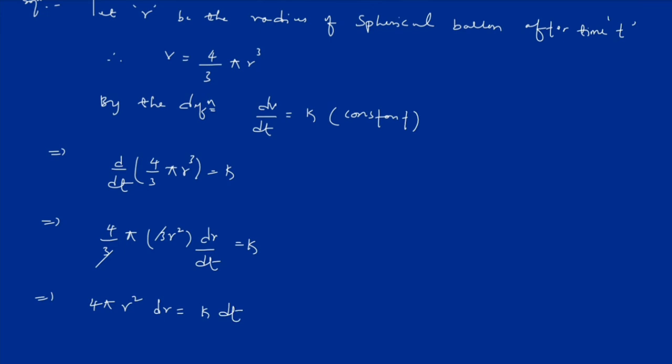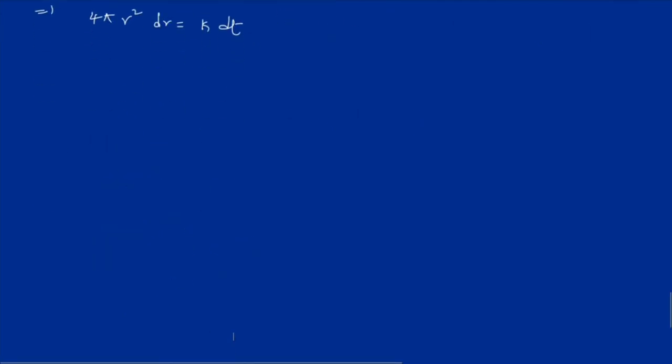So it is variable separable now. We have separated 4 pi r square dr equals k dt.